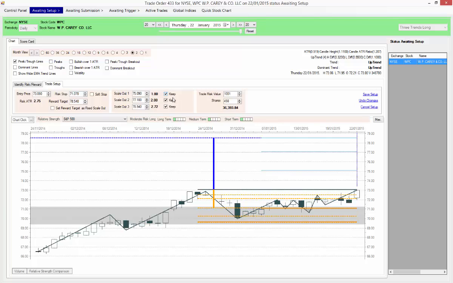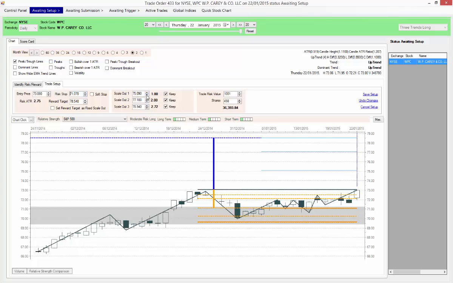Now, when I'm happy with the entry price, the risk stop, and the reward target, I see the system has automatically given to me a list of scale outs. Scale outs are those places which are in direct relationship to the amount of risk that I've taken, what is 1 to 1, what is 2 to 1, and up here at a fixed level of reward, what that is as well.